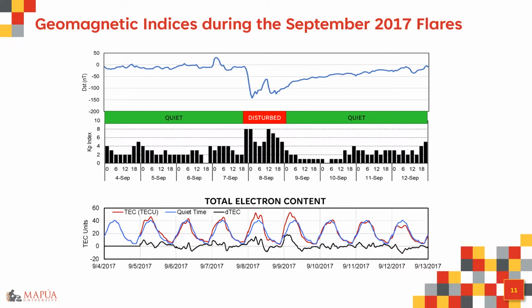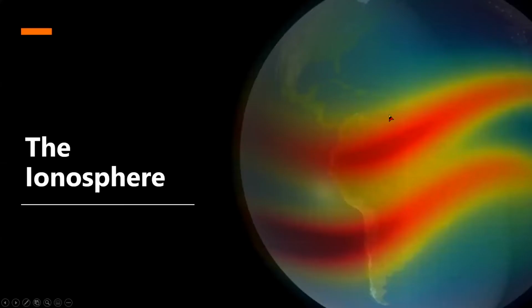This is an example of measured data in the Philippines, where during this disturbed period you can see there is an enhancement in the total electron content compared to the days wherein the Earth's magnetic field is generally quiet. Okay, with that, let me start discussing the Earth's ionosphere.